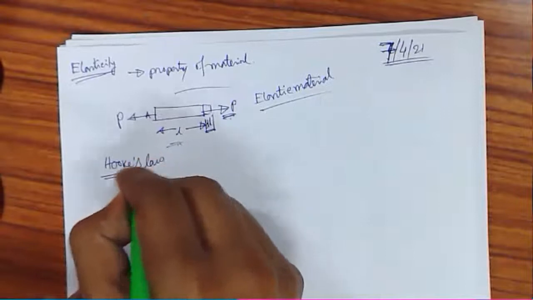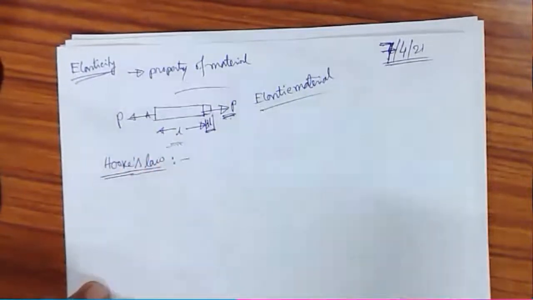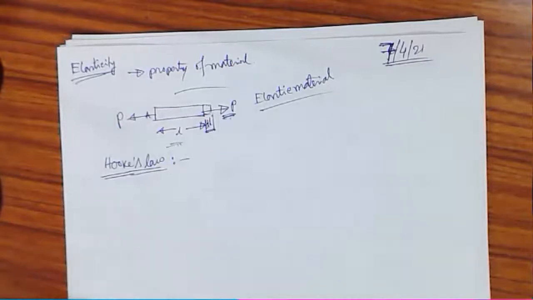Very, very important question. Hooke's law states that when a material is loaded up to a certain limit, then the stress generated on it will be directly proportional to the strain. That limit will be called elastic limit.